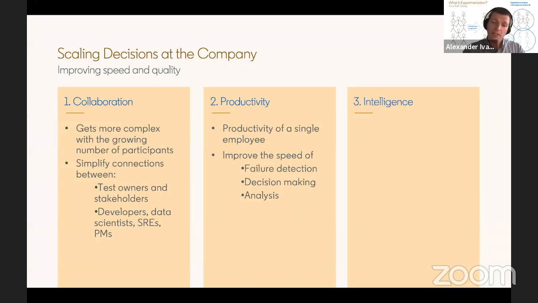The third pillar is about improving the intelligence of the system. Because once you start having more data, more metrics and tests, people will no longer be able to analyze all the data and find all the patterns manually.